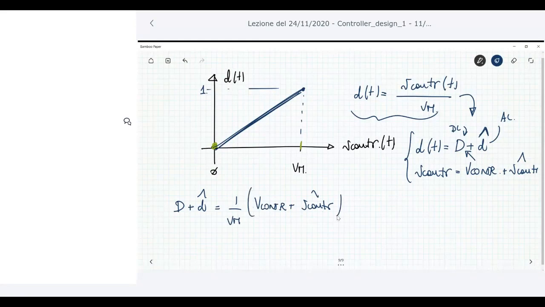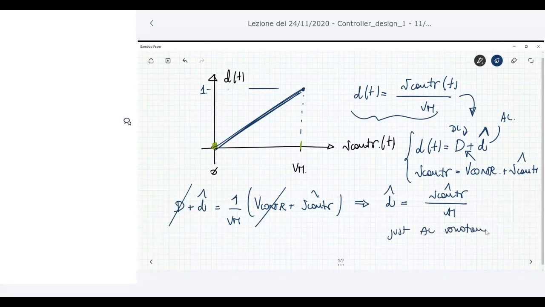And in order to analyze my transfer function, I have just to consider the variation. The circuit for the variation means that I do not consider the DC term here. So in terms of variation of duty cycle, you have this quantity, just the AC variation.